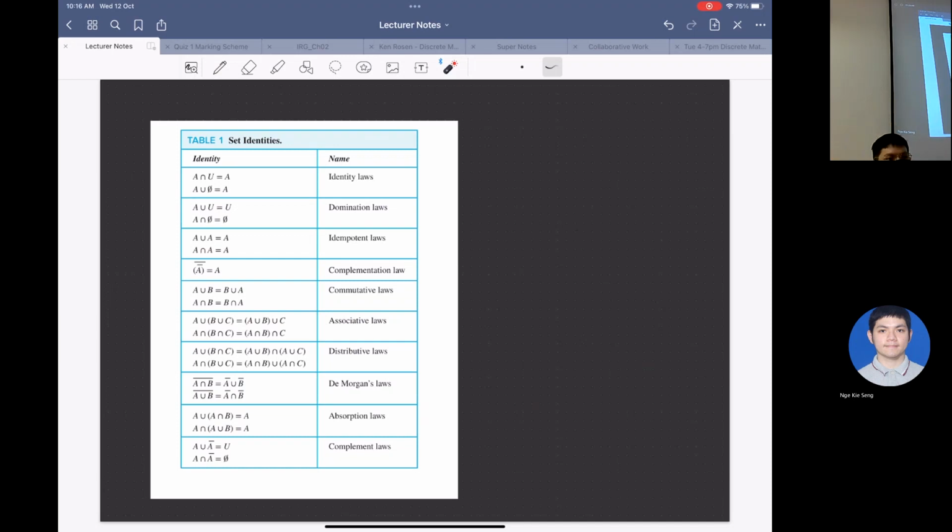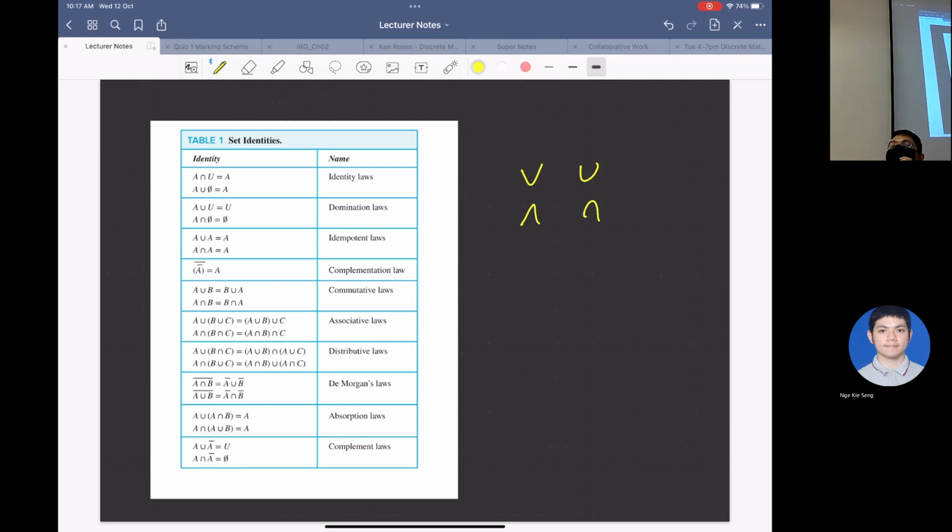But if an intersection intersects with a smaller one, you still get that. So the absorption law in set theory is more intuitive. And then this complement law: remember P and not P is a contradiction, and P or not P is a tautology. Remember the AND and OR from the last topic.